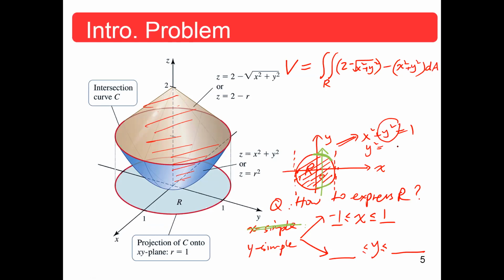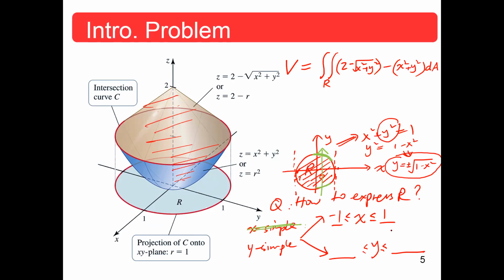So y squared would be 1 minus x squared, which means y would be plus minus root of 1 minus x squared. Will this be helpful? Yes. So that tells you the top y would be the positive square root and the bottom y would be the negative square root.